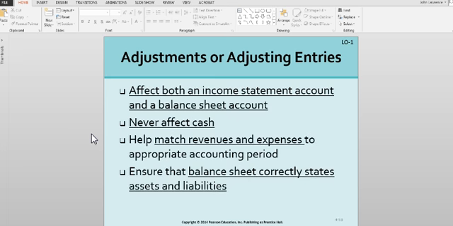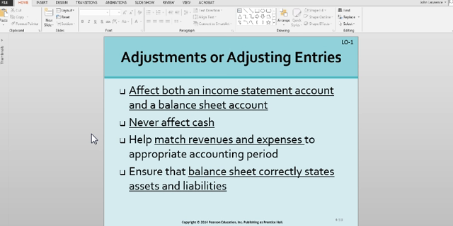So adjusting entries always affect both an income statement account and a balance sheet account. If you think about that prepaid rent, you're decreasing prepaid rent, affecting the balance sheet, and you're recording the rent expense for that period, i.e. affecting the income statement.